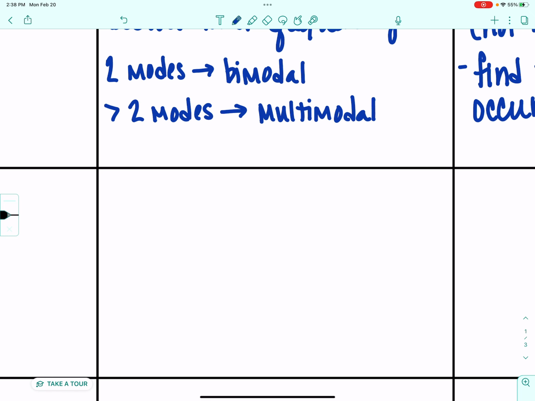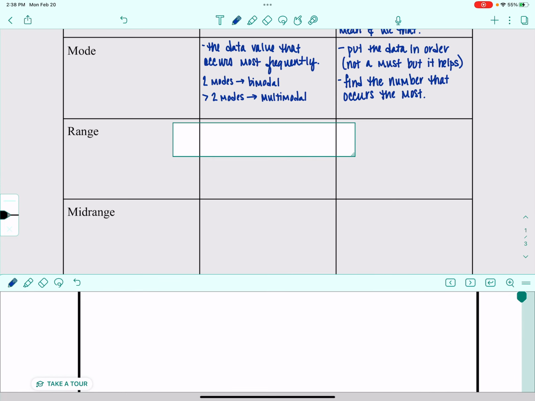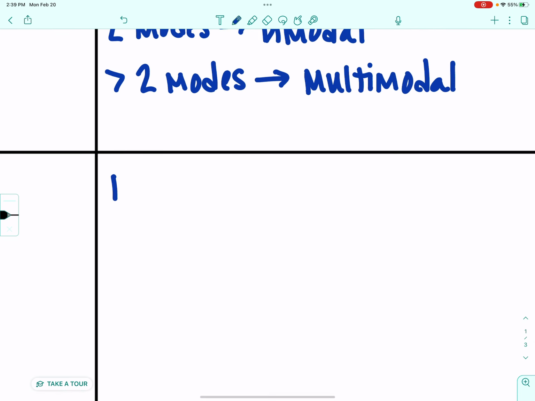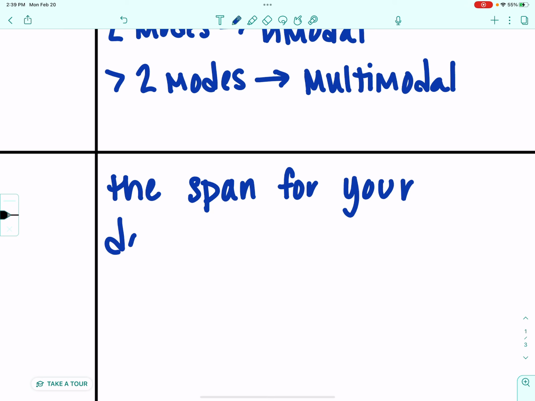Range is almost like an interval. The range of numbers is the span. What numbers does it cover?